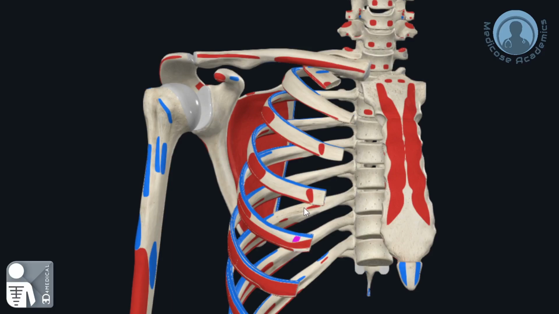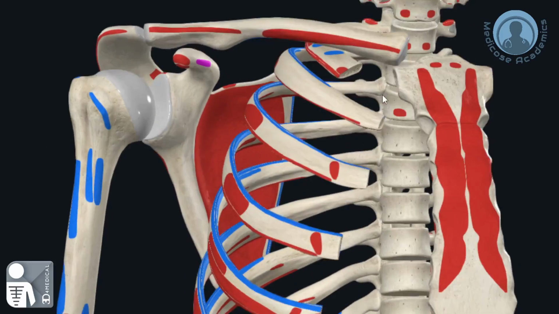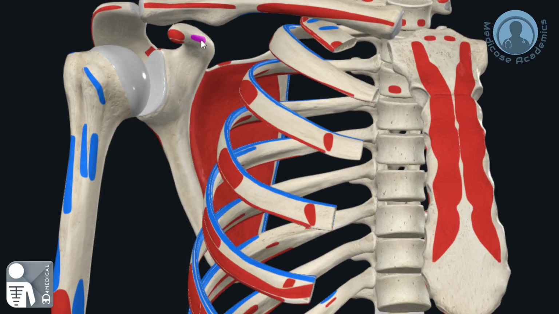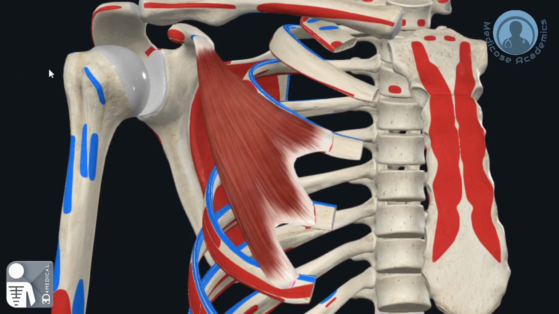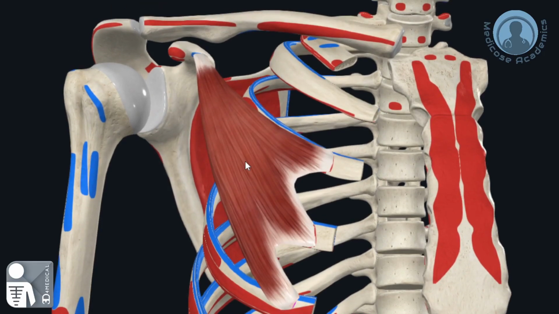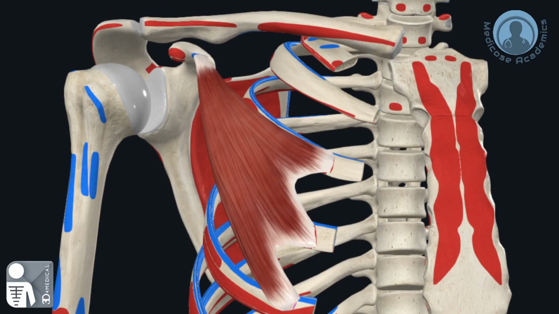So this is the origin of pec minor muscle, the ribs, and it is getting inserted into this coracoid process. So you can see its insertion right here. This highlighted part is the insertion, and these are the 3 points of origin from rib number 3, rib 4, and rib 5, and between them you will see the pec minor running.